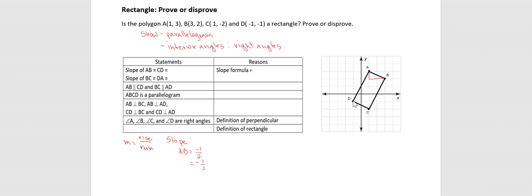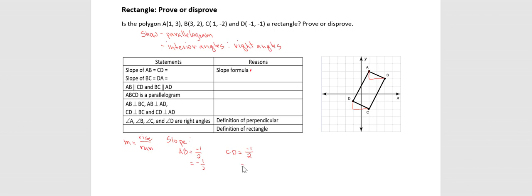Next is the slope of side CD. From point D, we move 1 unit down, so that is -1. Then 1, 2 units right to C, so that is +2.